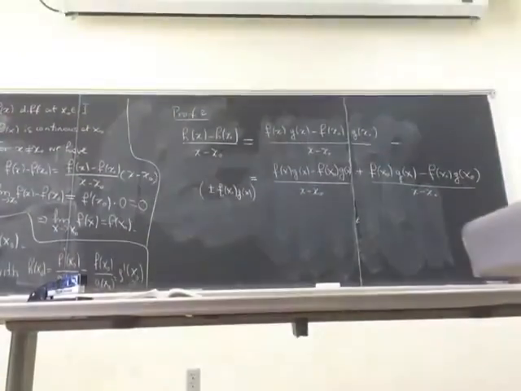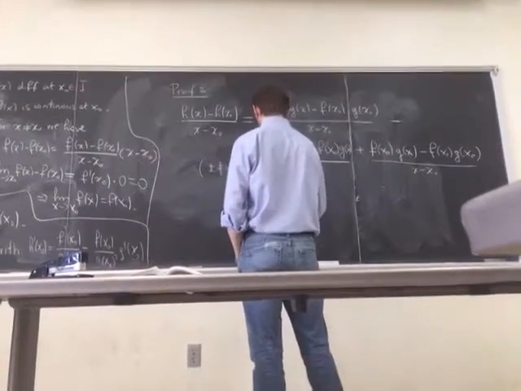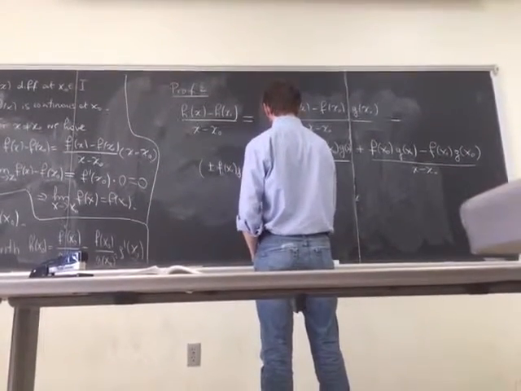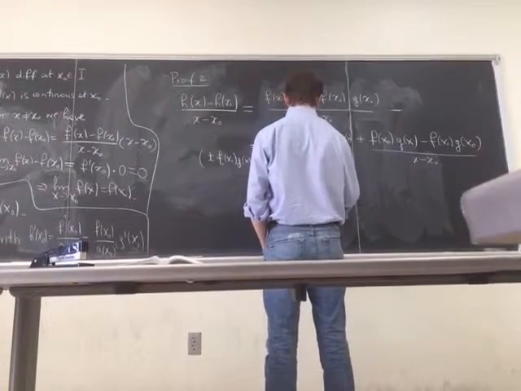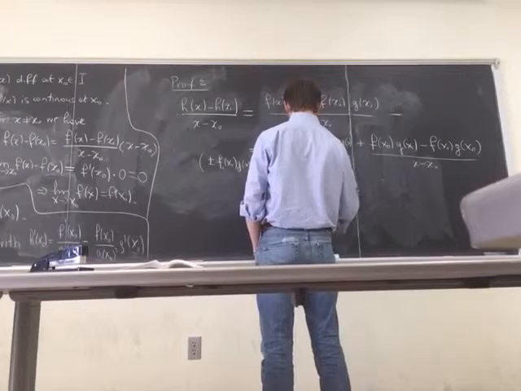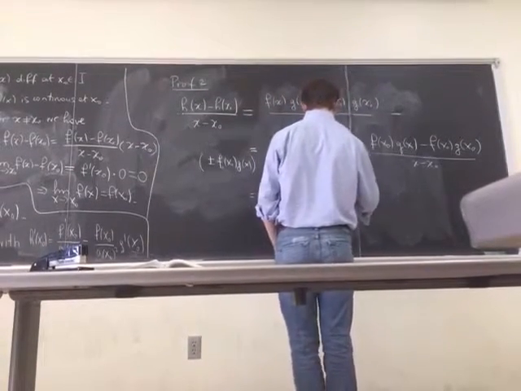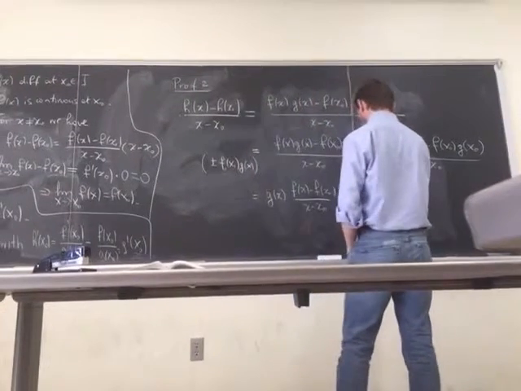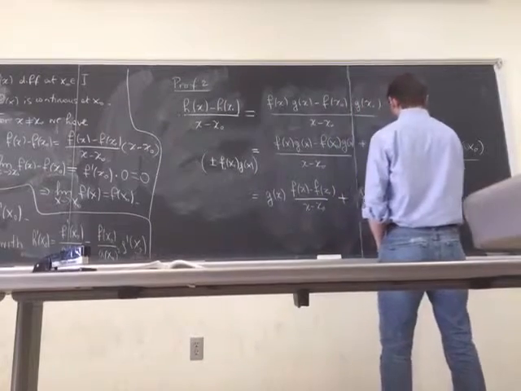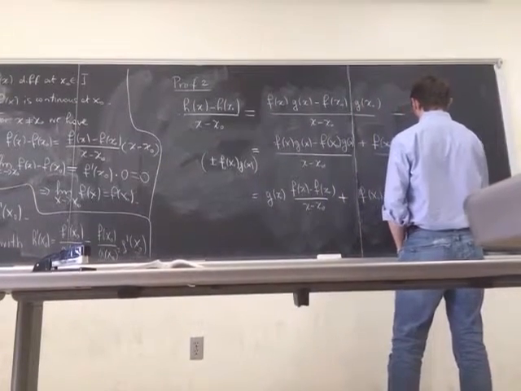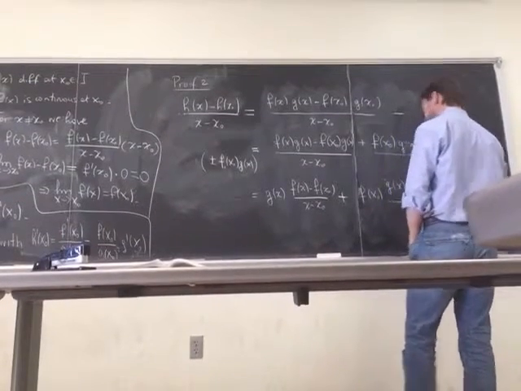So if you want to write one more step, I can write the first fraction as g of x times f of x minus f of x naught over x minus x naught, plus f of x naught times g of x minus g of x naught over x minus x naught.